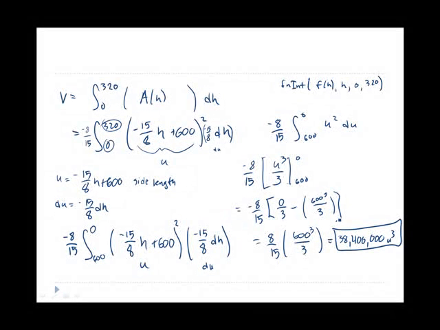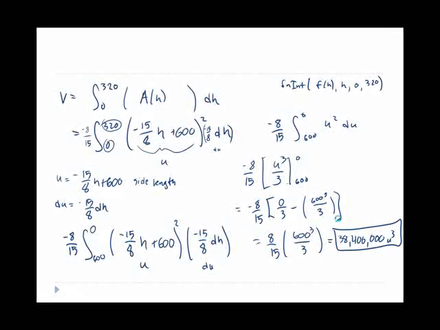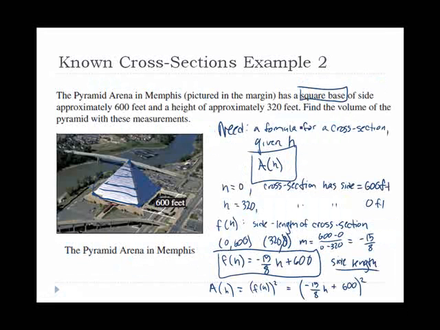Okay, so that one was a bit of work. Look back at what we did real quick. We needed a formula for the cross-section given the height. We said we had 2 points basically where we could figure out what a function for the area of the cross-section is. Given 0, our side length was 600. So for the height of 0, our side length was 600.